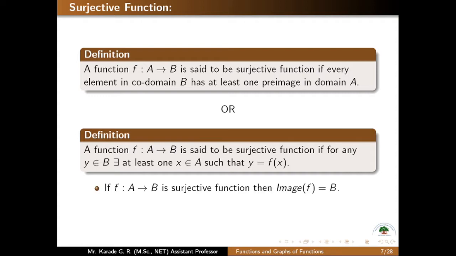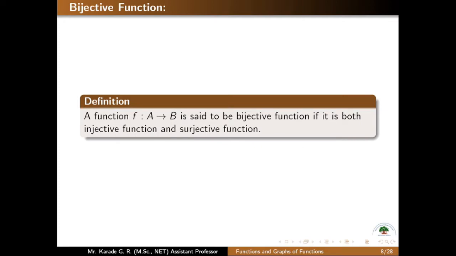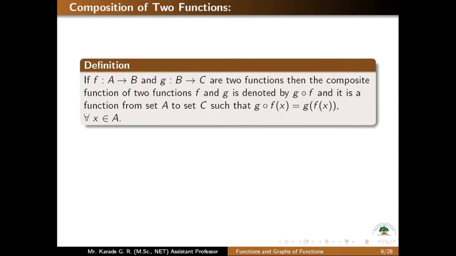If f from set A to B is a surjective function, then image of f is equal to B. Surjective function is also known as onto function. Bijective function. A function f from set A to B is said to be a bijective function if it is both an injective function and a surjective function.